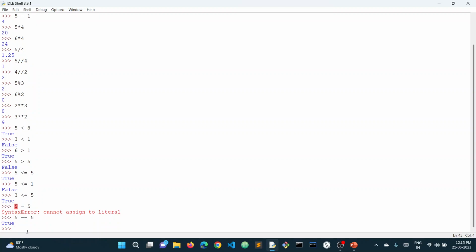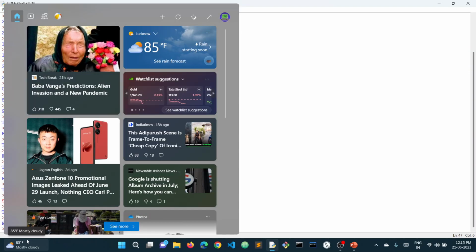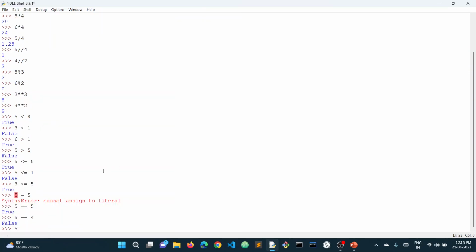Here we can see it is returning true as 5 is equal to 5. If we write 5 double equals 4, it will return false because 5 is not equal to 4. Pretty straightforward. Now, similarly, we have the last relational operator, that is not equal to. In Python, if we want to say that some value is not equal to some value, we can write it as follows: 5 not equal to.